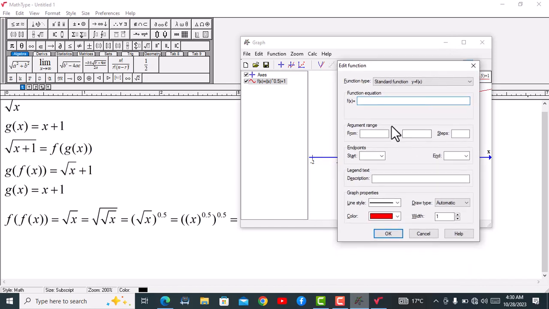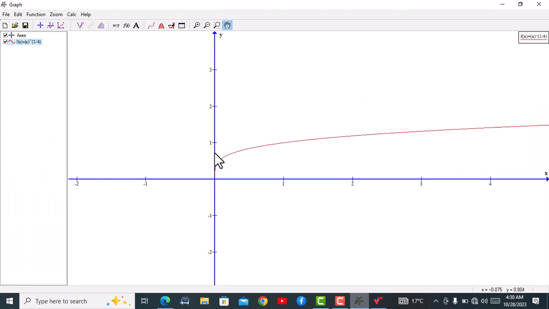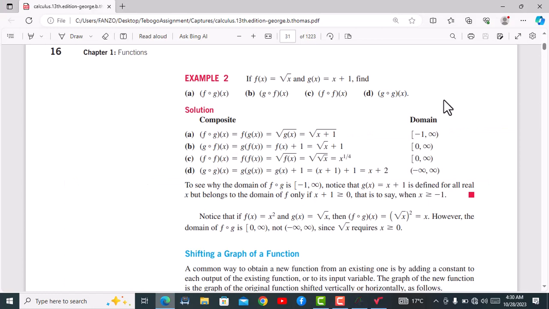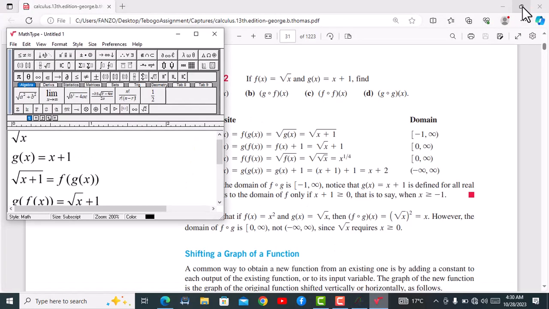And how do I draw that function? Now remember, I have x to the exponent of 1 divided by 4, and let me draw that, and this is what I have, provided that I have drawn the correct graph, and the domain would be 0 to positive infinity.